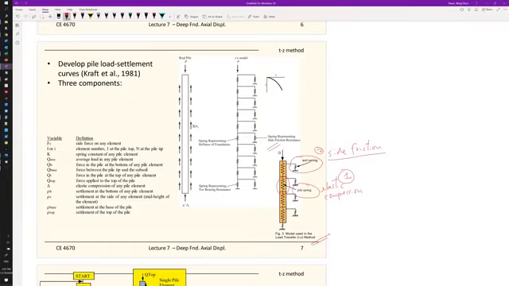And he used a spring, usually we call this a TZ spring, and finally he also has the toe settlement, so the toe displacement. Then he has another spring.